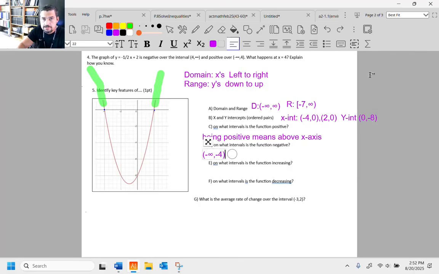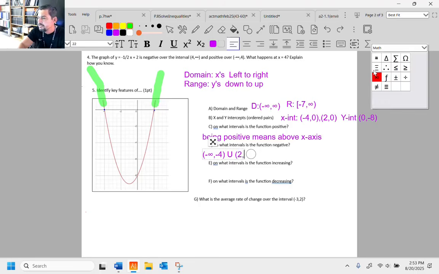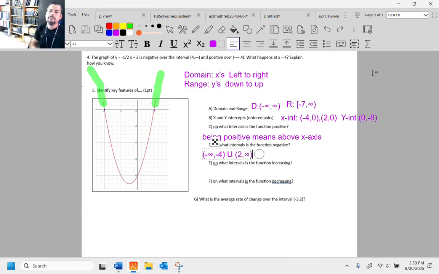And I'm going to use parentheses because it didn't say positive is not 0. 0 is something else. 0 has no sign. Unioned with, I don't know if I've talked to you guys about the U or not, union with 2 to infinity. Very possible in some classes I have and some I haven't. But I'm either this one and I'm that one. So union with.